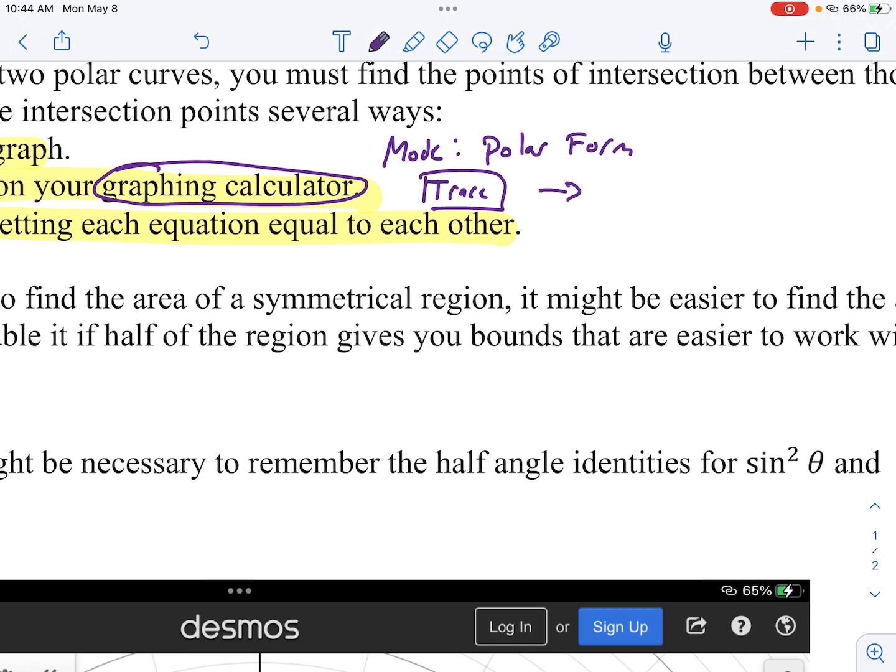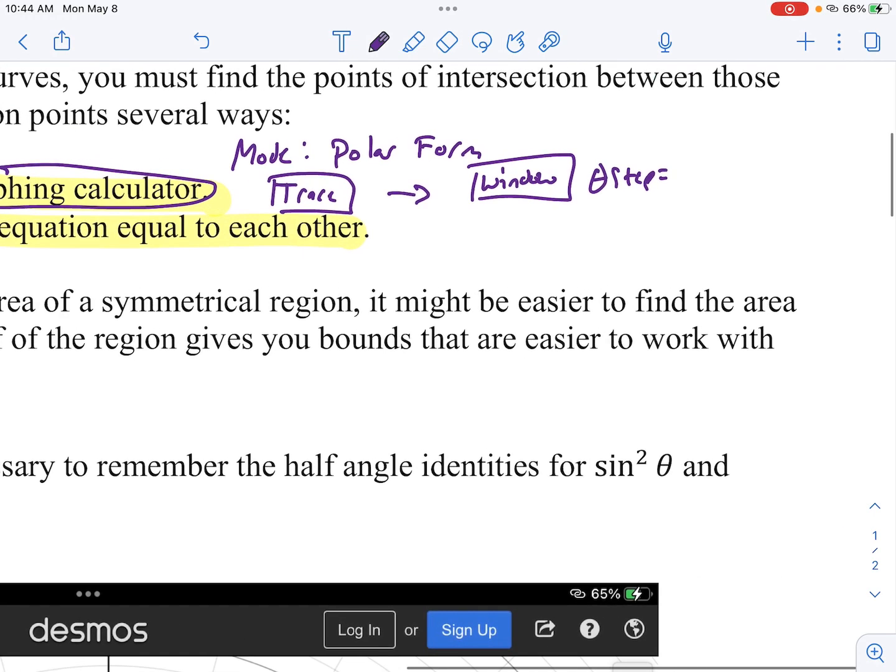So you can go to Window on your calculator, and if you've never changed it or no one else has ever changed it and you're in polar form, then usually your theta step is set at a pretty weird looking number, 0.1308996. And all that is pi 24ths.